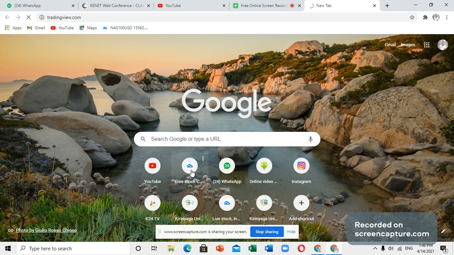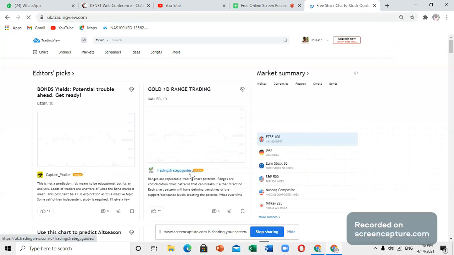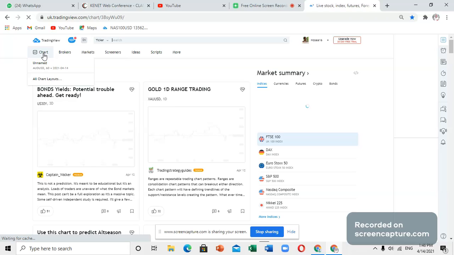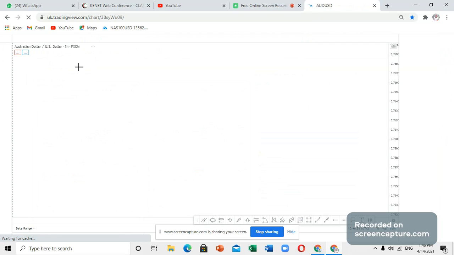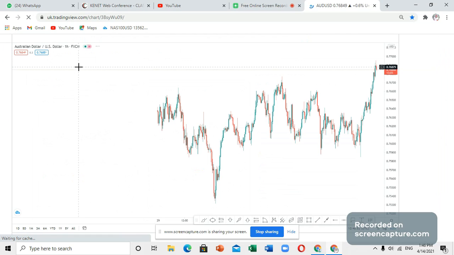So remember, analysis we usually do it on tradingview.com. You can find the app on Google Chrome and you can sign up for it. After signing up, just click into the charts.